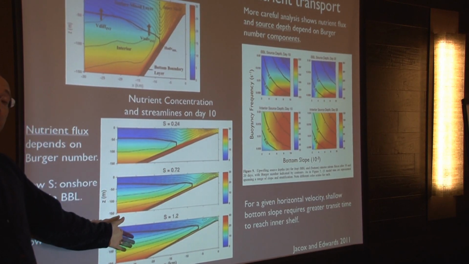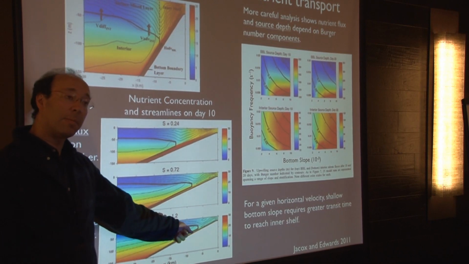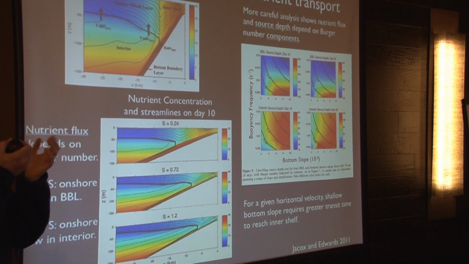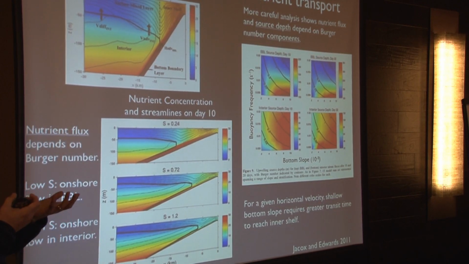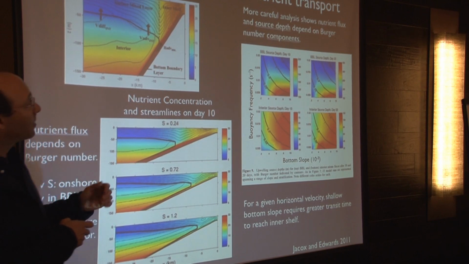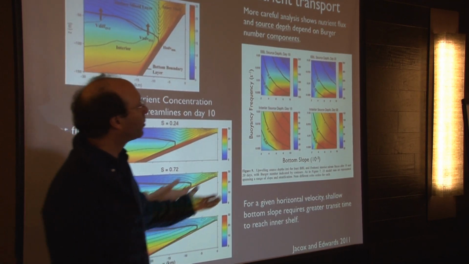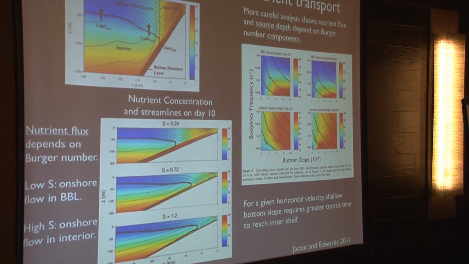In contrast, as this Burger number increases, you end up reducing the bottom boundary layer transport, increasing the interior transport, which effectively results in a shallower onshore flow and smaller flux to the surface. You can quantify this both in terms of nitrate flux or nutrient flux, or a depth of upwelling. It doesn't really matter, source depth.